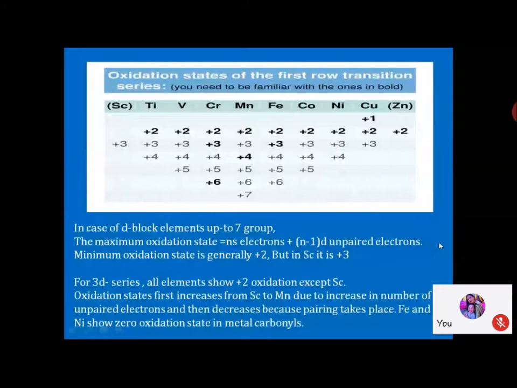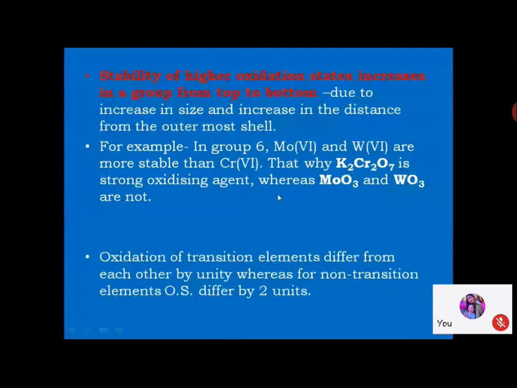Now next: the stability of higher oxidation states increases in a group from top to bottom. What we discussed for non-transition elements, in the p-block, is that on moving down the group the higher oxidation state becomes less stable.